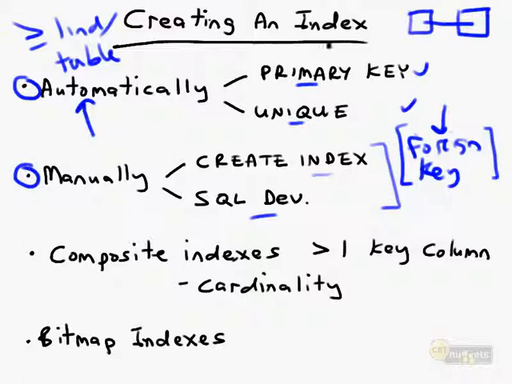In a sense, I like to look at deploying indexes as giving Oracle some additional blueprints to work with, such that when queries are issued against those objects, Oracle, if there is an index available, or even more than one index available, can, in its infinite wisdom, formulate the best query execution plan by selecting the best index for the job. Now, that having been said, you don't want to over-index.